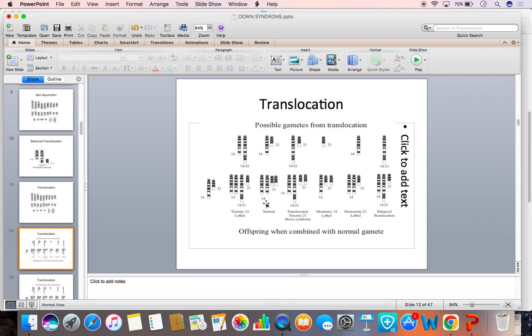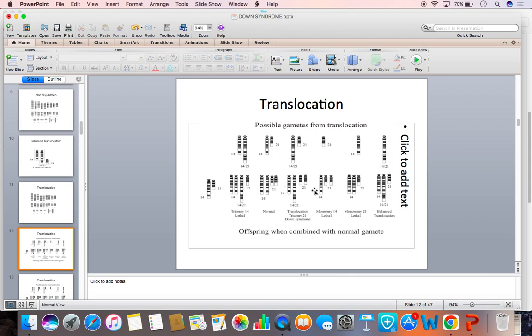This is 1 pair of 14, 1 pair of 21. This is a normal individual. Then coming to the translocation 21, this is Down syndrome. How many copies of 21 are here? 1 translocated 21 sitting on the chromosome 14 and 2 copies of 21 here.